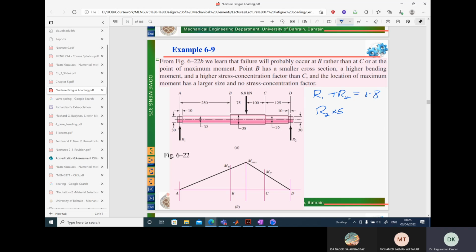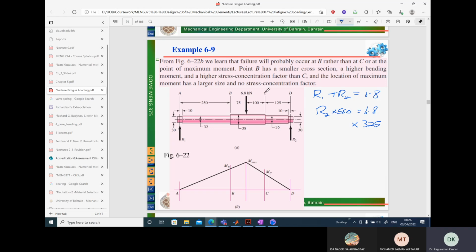R2 times 550 must be equal to 6.8 times, we have here this distance 250 plus 75, 325. So by solving this for R2 and R1, then you can draw the free body diagram and directly figure out what the load is right at this point.